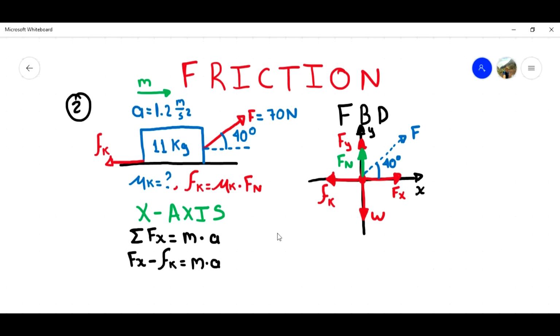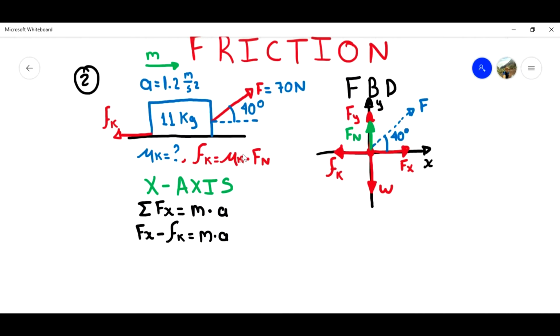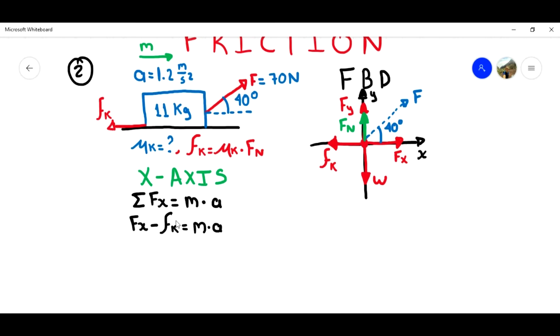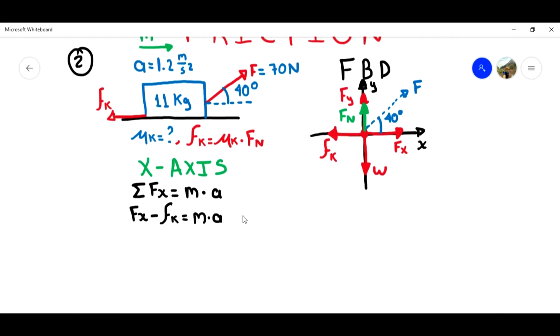Okay, so the coefficient is inside of the formula of the kinetic friction force, so I need to isolate friction force. So minus friction force equals mass times acceleration minus Fx.